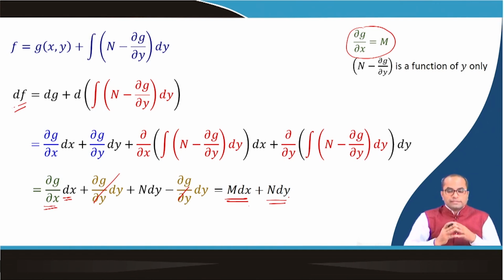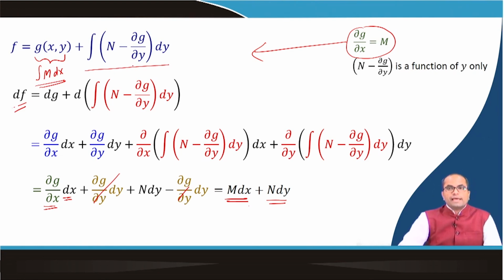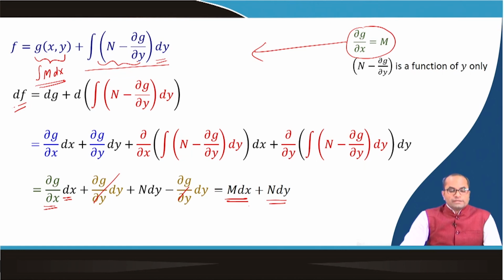Again, in the construction of f we need g, and g was nothing but the integral of m with respect to x. So, we have the integral of m dx plus the integral of n minus del g over del y, which we need to integrate with respect to y, and note that this n minus del g over del y will be a function of y only.